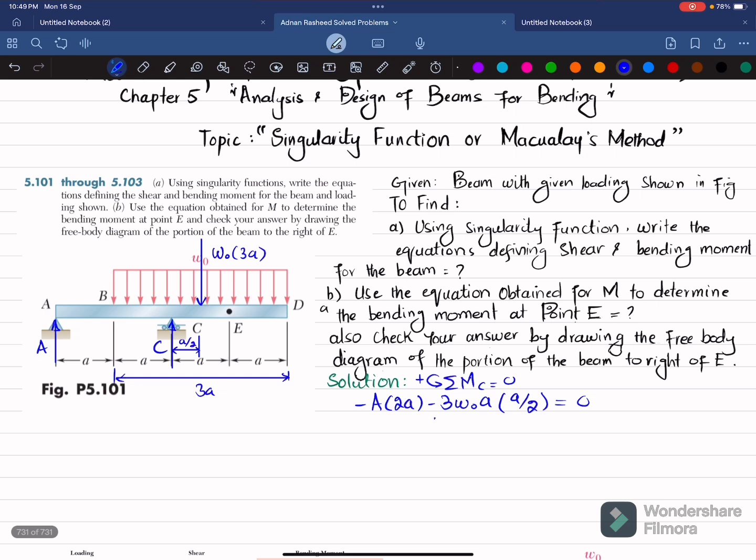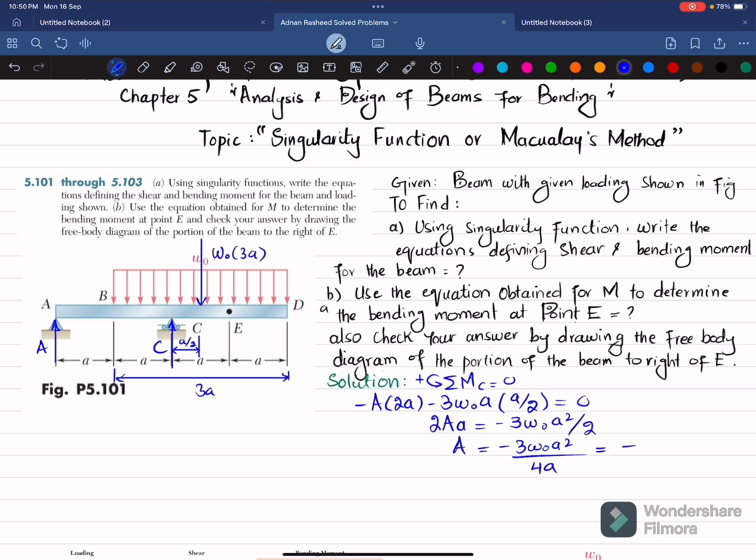So I will write 2A into small a is equal to minus 3 W naught A square over 2. So what if I need A? I will divide 2A on both sides. So minus 3 W naught A square over 4A.